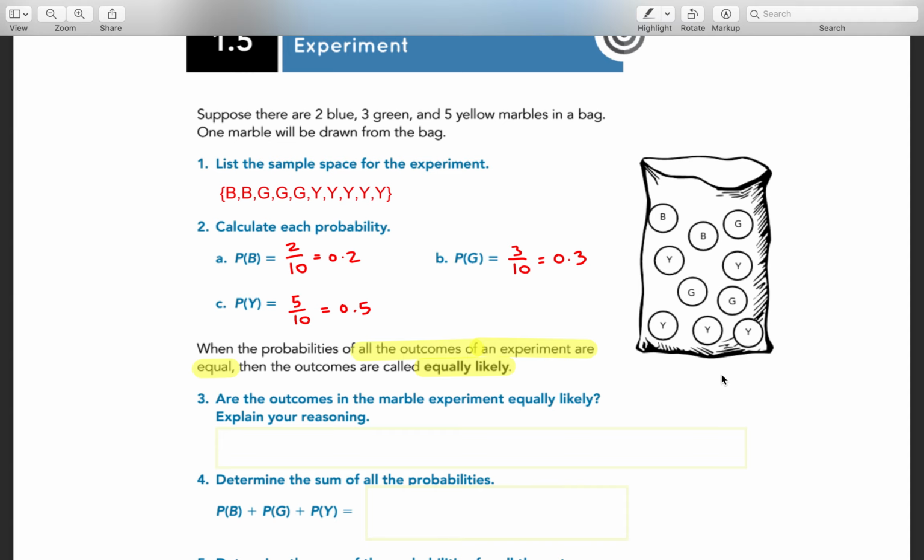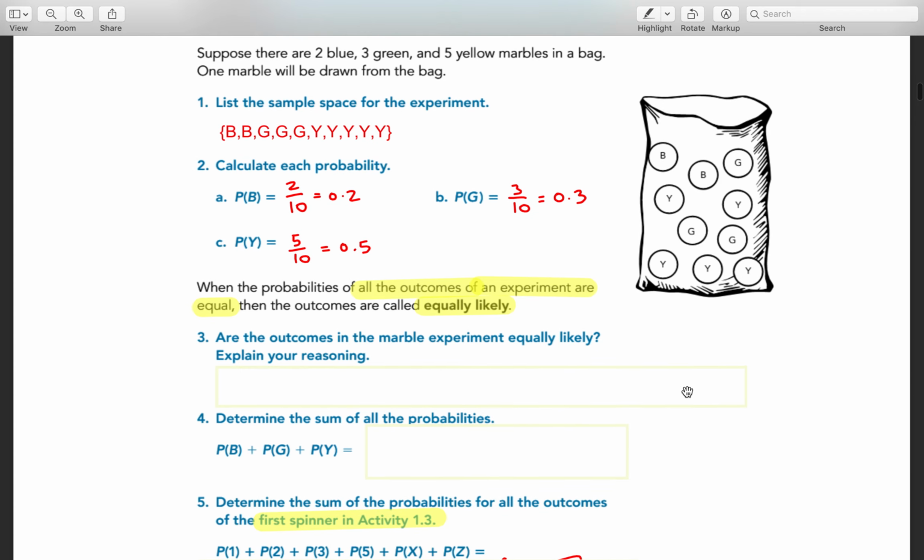When the probabilities of all the outcomes of an experiment are equal, then the outcomes are called equally likely. So are the outcomes in the marble experiment equally likely? Let's look at this. We have 0.2, or 2 tenths, and 5 over 10, and 3 over 10. Notice how they're all different, right? The probabilities for each of them are different.